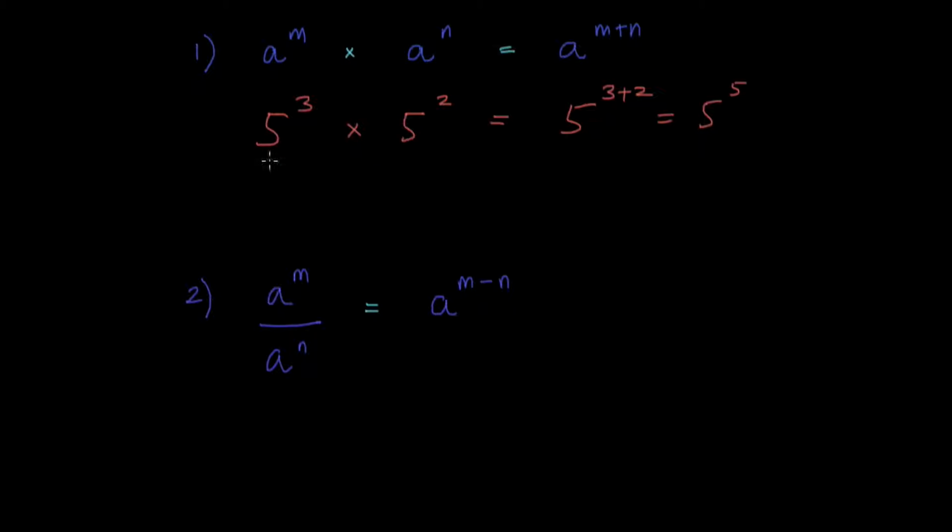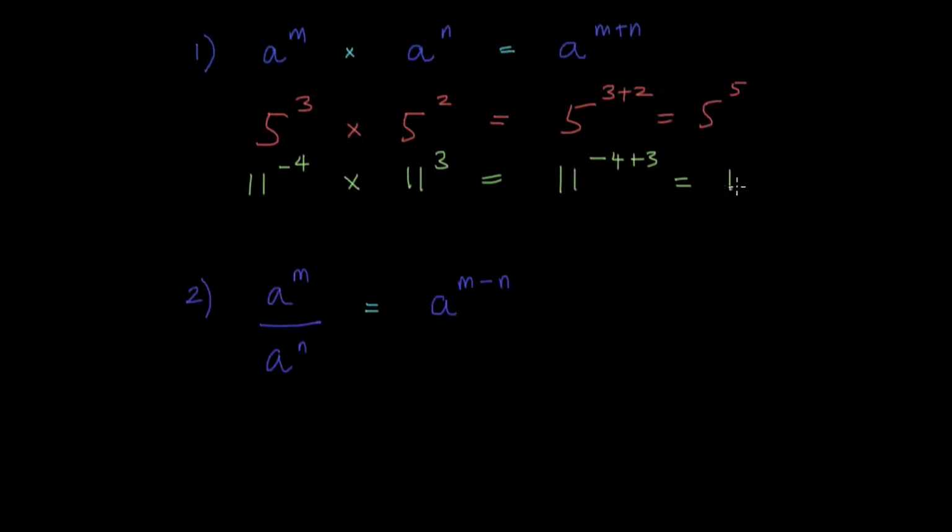What if I had, say, 11 raised to the negative 4th power times 11 raised to the positive 3rd power? That gives me 11, we keep the base the same, raised to the negative 4 plus 3. So you add the exponent no matter what.